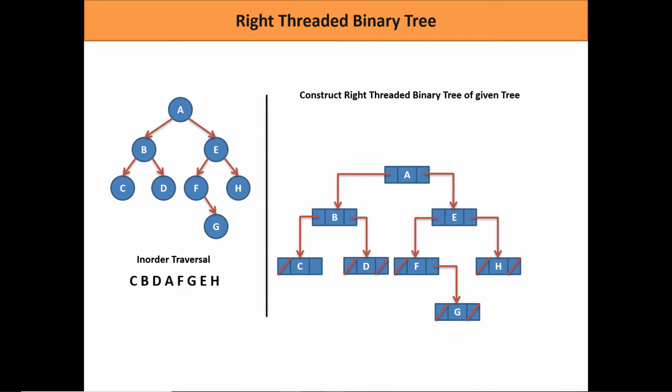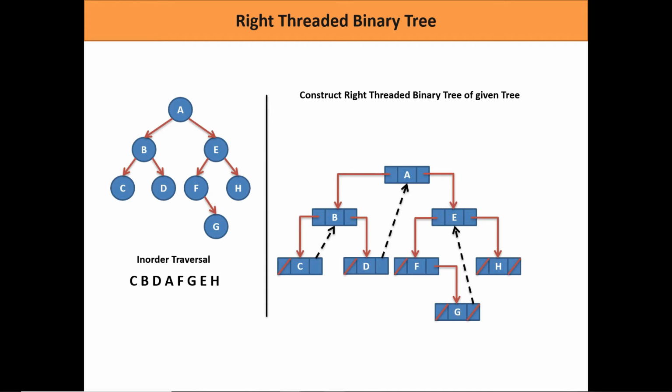First, the in-order successor of C is B. So the right link of C is threaded with B. Now next, the in-order successor of D is A. So the right link of D is threaded with A. Now next is the right link of G. The in-order successor of G is E. So this right link of G is threaded with E. So this is the construction of right threaded binary tree.